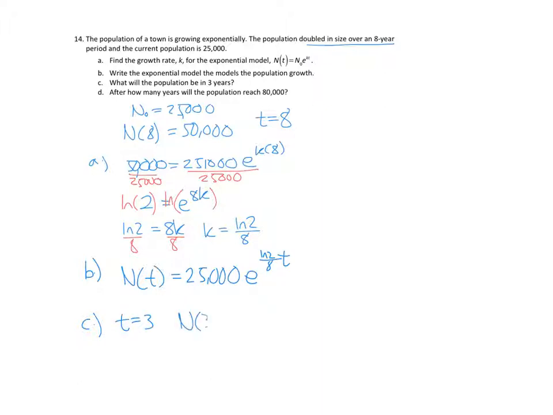So N of 3 would be 25,000 e to the natural log of 2 over 8 times 3. You want to make sure that whole exponent is in the exponent. You're going to need to close the parentheses on your natural log before you divide by 8 and multiply by 3. So plug that in your calculator and make sure that you get 34,421 approximately people.